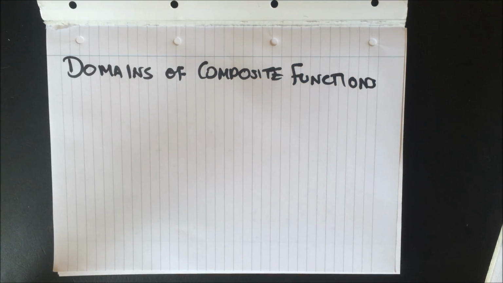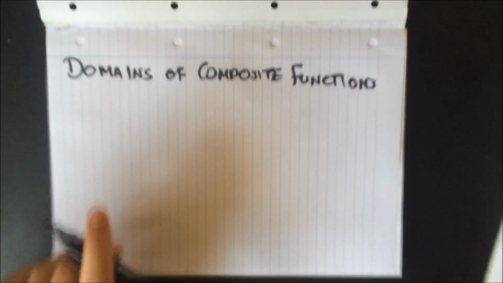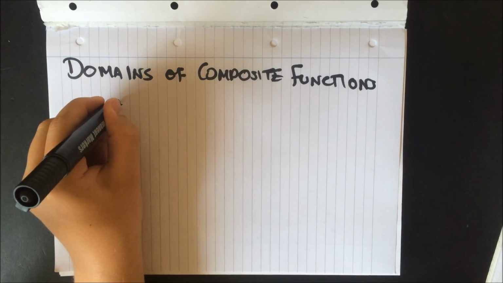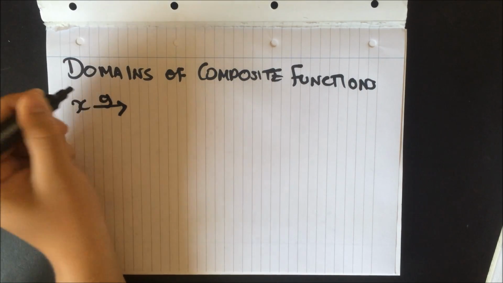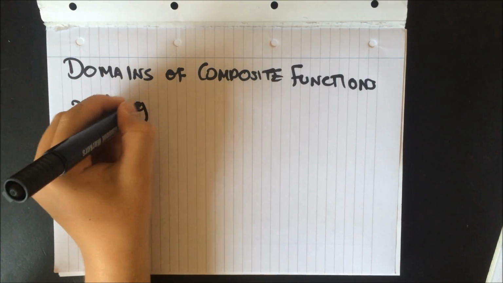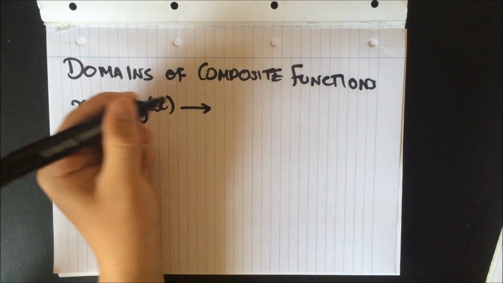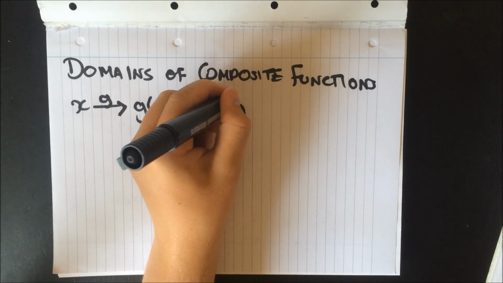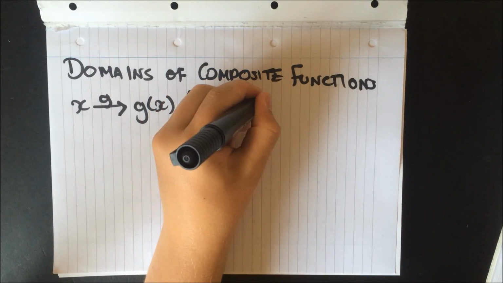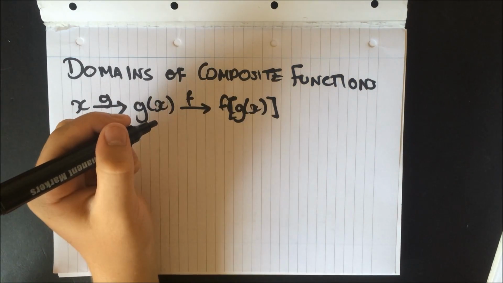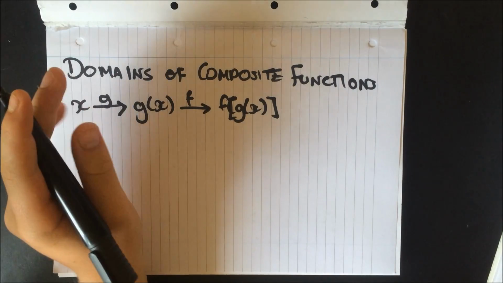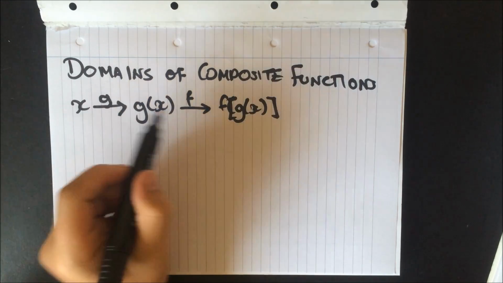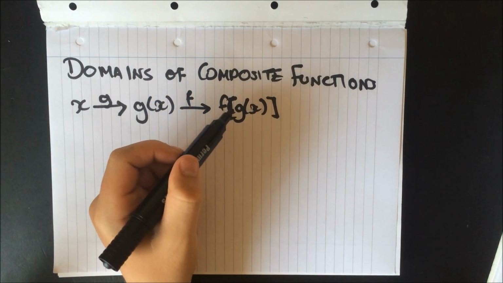Well, we need to consider a function. Okay, so if we had x, and then first we did g to it, so we did whatever g said, we get g of x, and then if we do f to that, we get f of g of x. So if we were to do f first, then I'm getting g of f of x.